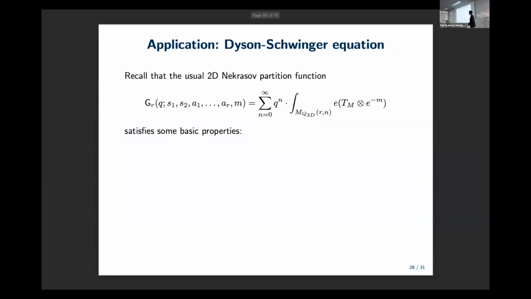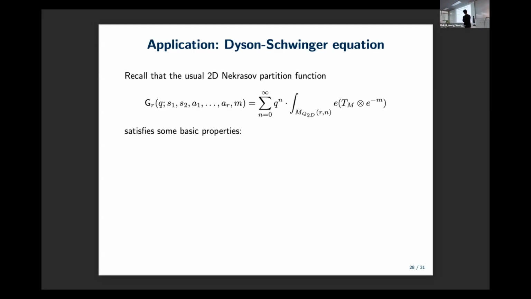Okay. And finally, I will finish by recalling some application of the origami theory, which is the Dyson-Schwinger equation. So even though origami theory was a 4D theory, actually what Nekrasov had in mind was to apply this theory to the classical instantons. And let's recall the partition function of the 2D theory with the tangent bundle insertion.